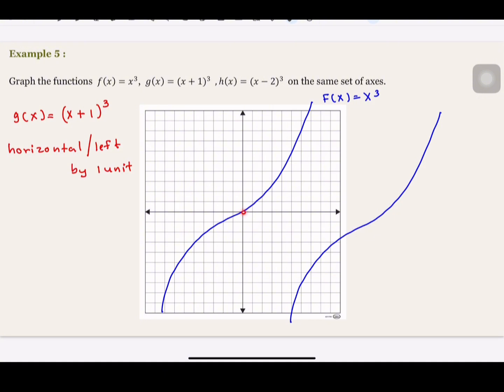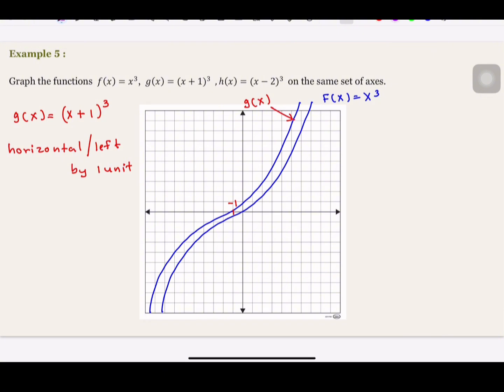So that means you have to move this point over here. This is where you'll get your 1 unit. So I'm going to take this graph and move it over here. Okay, so this graph over here will represent your g of x.